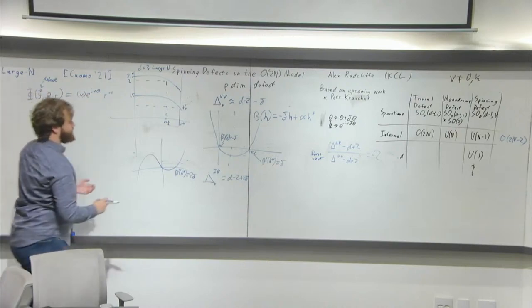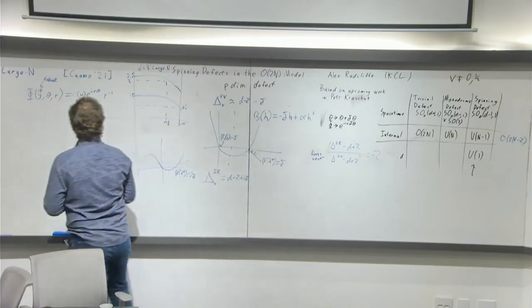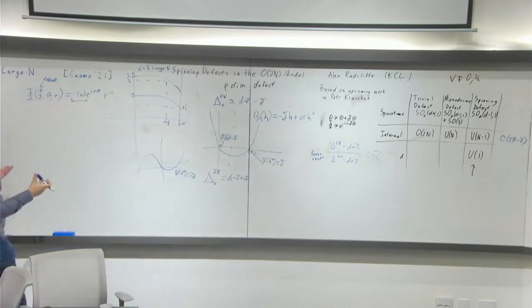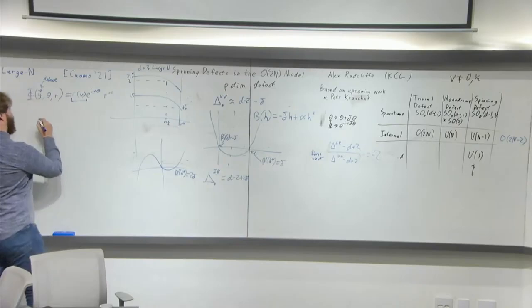And what we do is we note that away from the defect we've still got the bulk equation of motion, and we see if we can use this to constrain c of v. And what do we find?